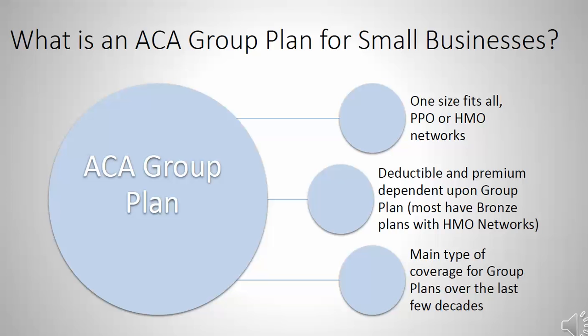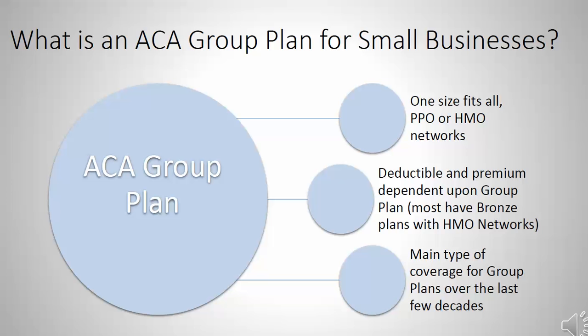Typically, these are one size fits all PPO or HMO networks, meaning after the deductible is met, whatever that deductible is that corresponds with the metal you have. Let me clarify. Each plan is based on which metallic coverage you have. The bronze is the base going all the way up to the platinum.